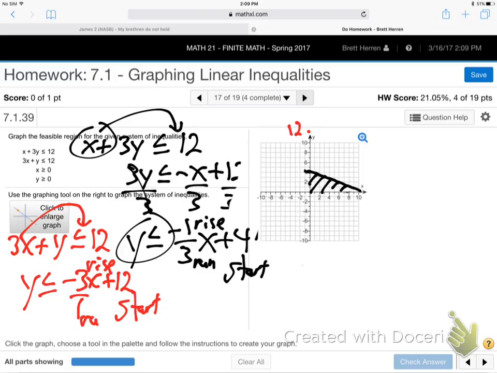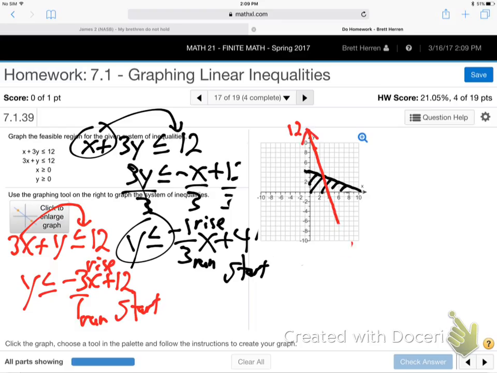Yeah, down 3 over 1. So down to 9 over 1 right there. Right, good. Everybody see what I did? I started at up 12. I went down 3 to 9 over 1. Down 3 over 1. Connect the dots.